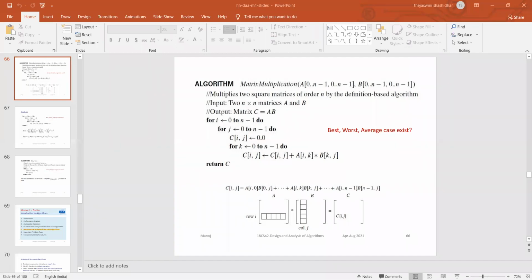Is the screen visible? Answer my question.